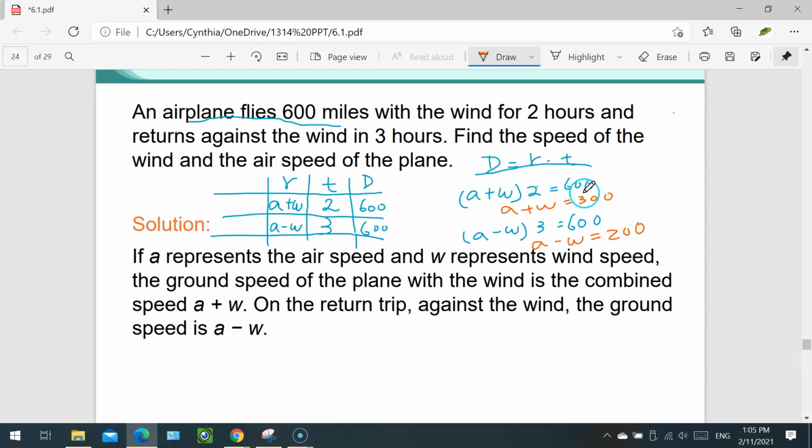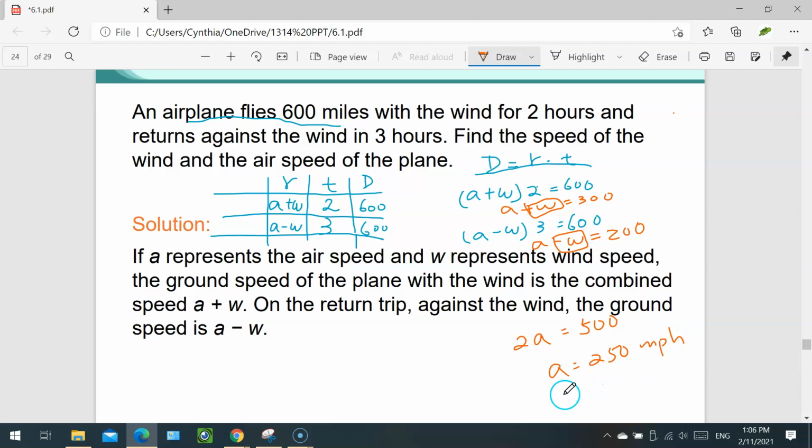Now we have a plus w equal to 300, a minus w equal to 200. We can eliminate the w, since I have plus w and minus w. So we add both equations together, and we have 2a is equal to 500. That means a is 250 miles per hour.